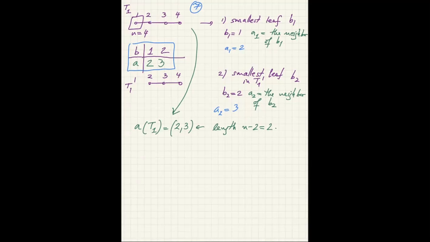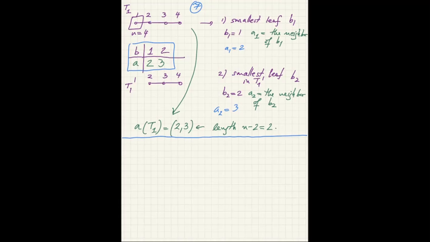It's not at all clear why this gives me all possible, why this is going to be a unique correspondence from the n minus 2 tuples to the trees, but let's do some more examples, and maybe that will help us get more familiar with it.